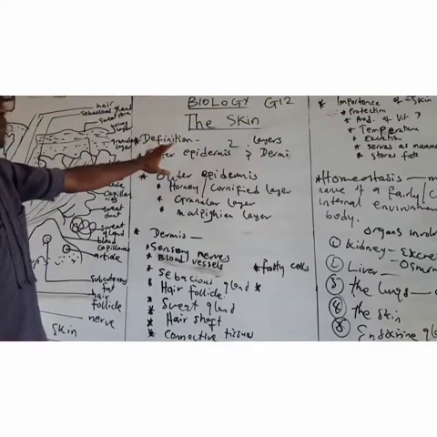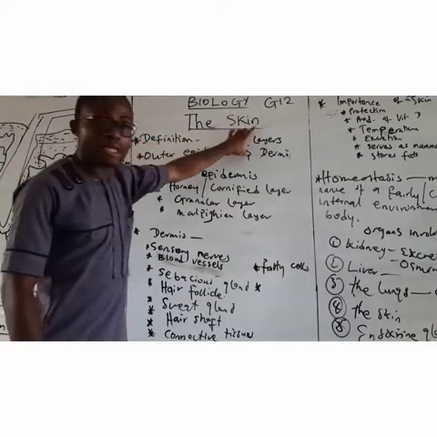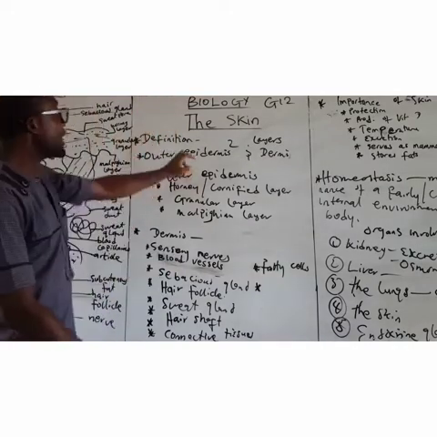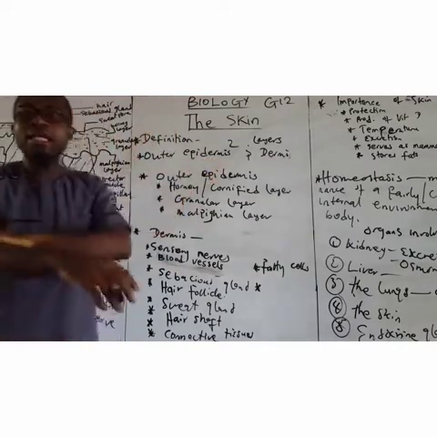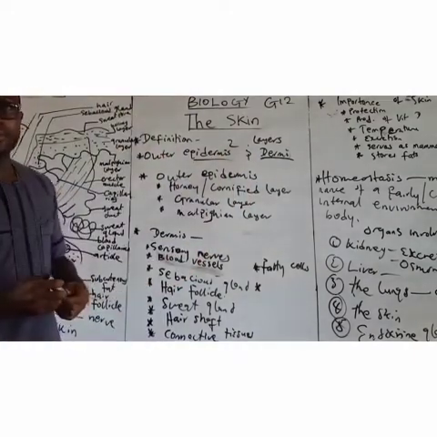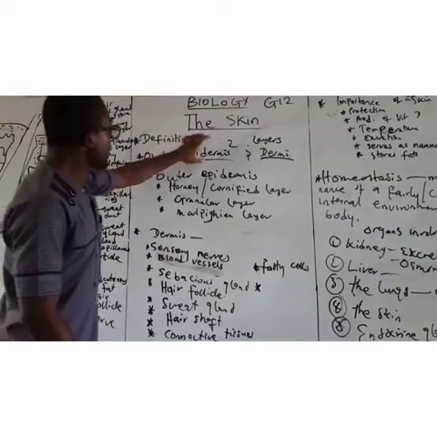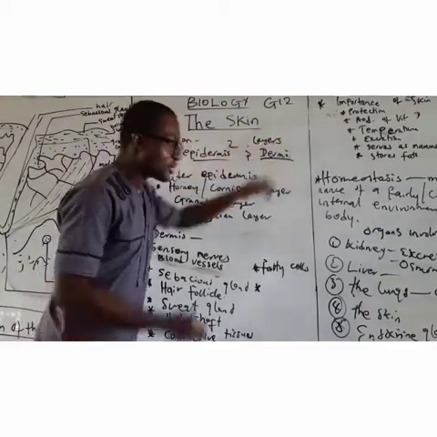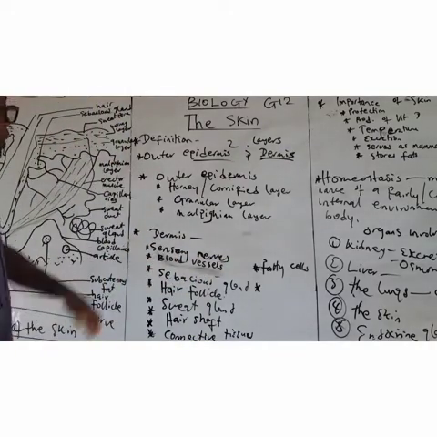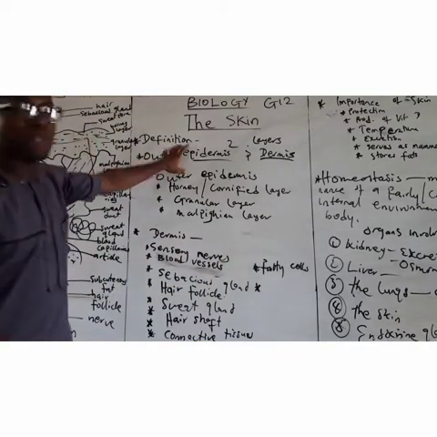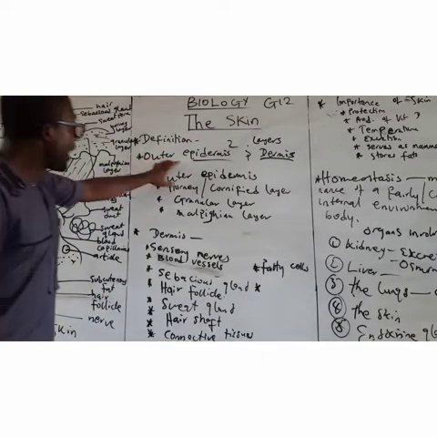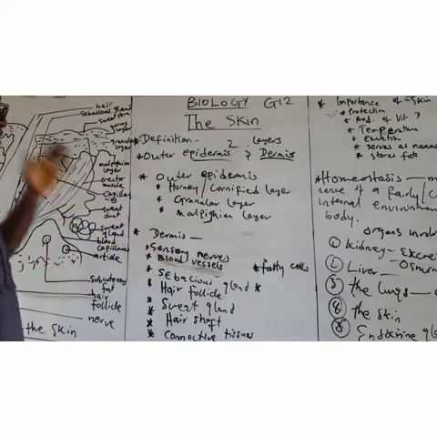The skin has two layers. We have the outer layer, which is called the epidermis, and the inner layer, which is called the dermis. So, let's go to the outer layer, the epidermis.